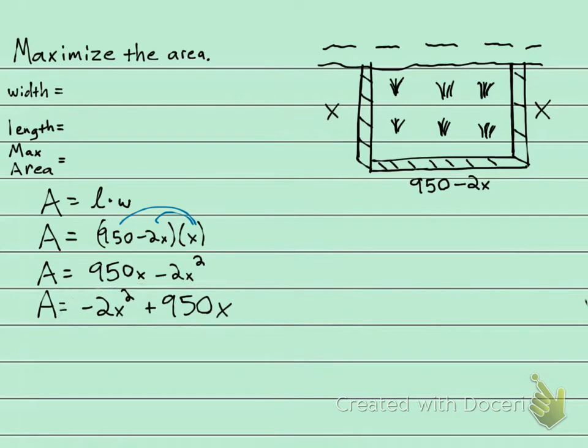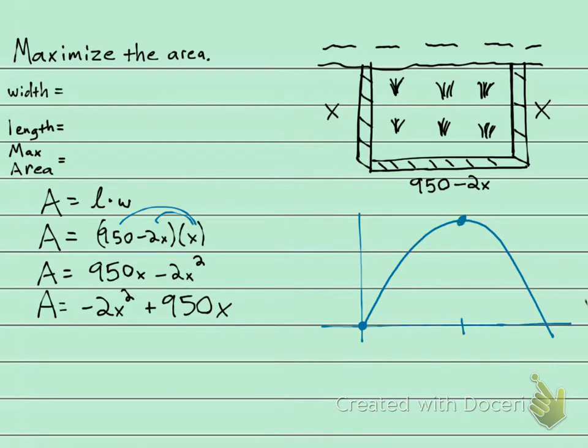So we know that when we go to make our field, we're going to start with 950 right along the water, and we'd have 0. Our area would be 0. 950 times 0 is 0. And what's going to happen with a quadratic equation like this is we're going to have this one point up here that maximizes our area, based on what our length and our width are.